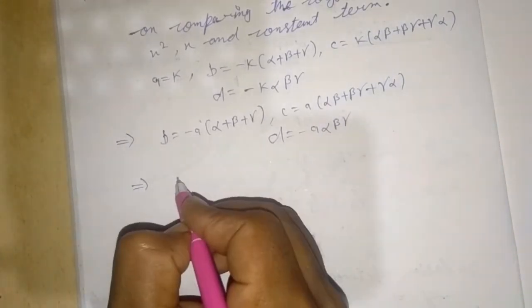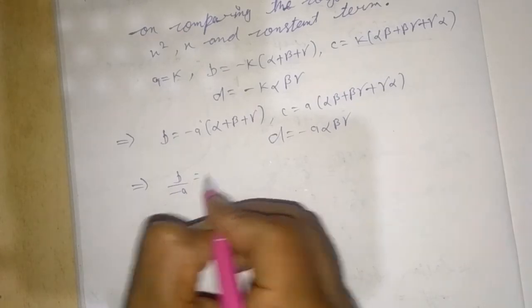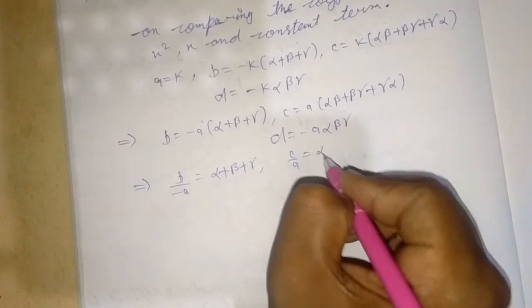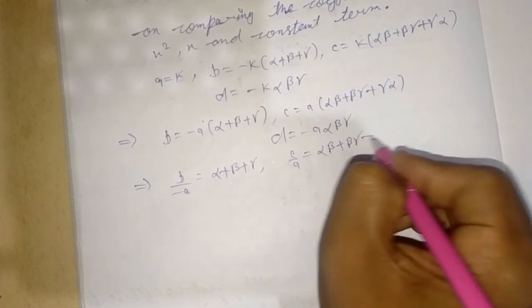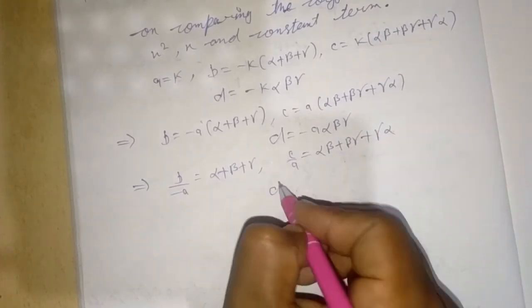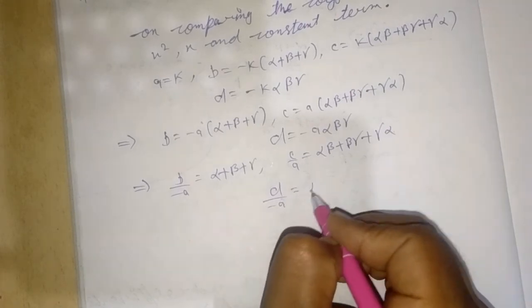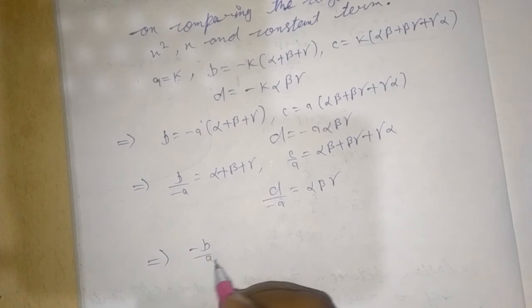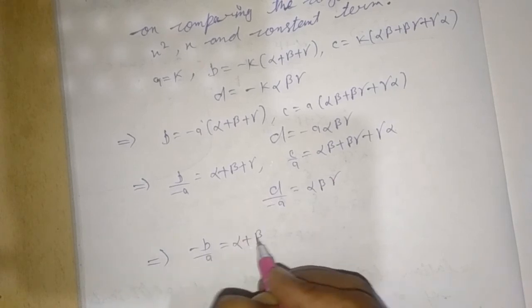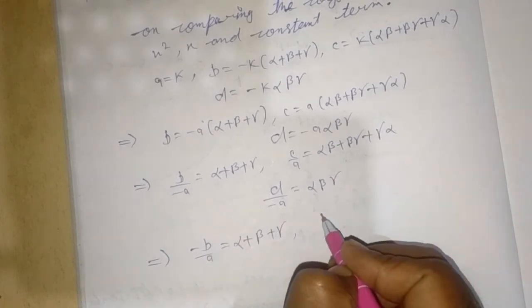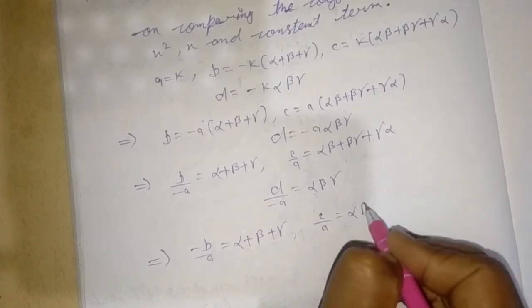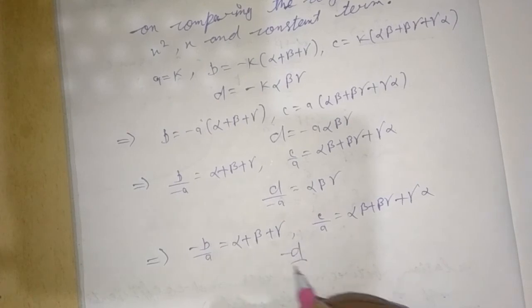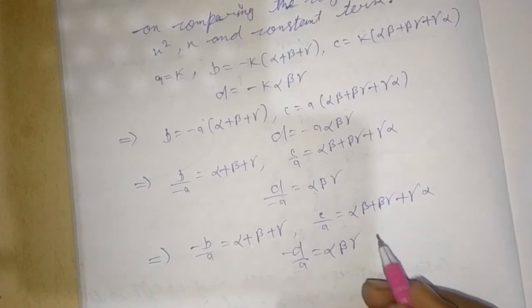So minus b upon a equals alpha plus beta plus gamma, c upon a equals alpha beta plus beta gamma plus gamma alpha, and minus d upon a equals alpha beta gamma.